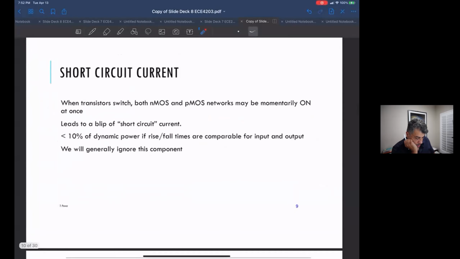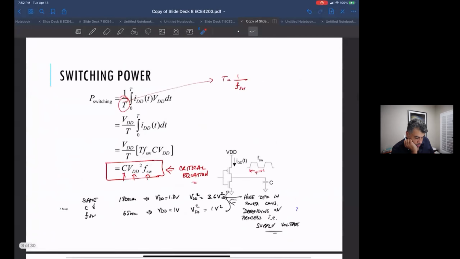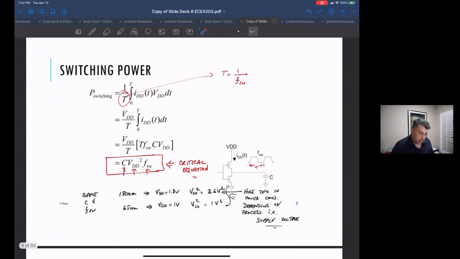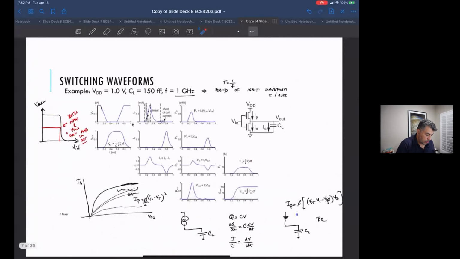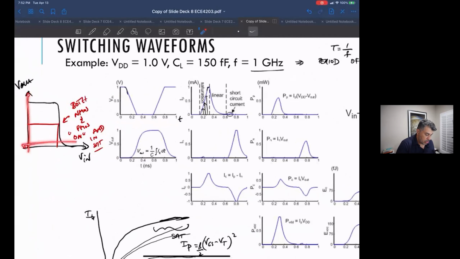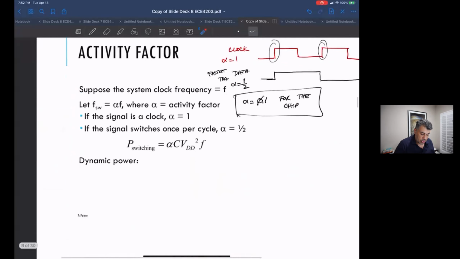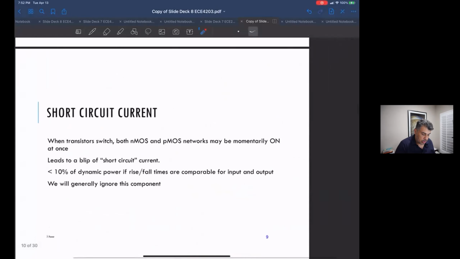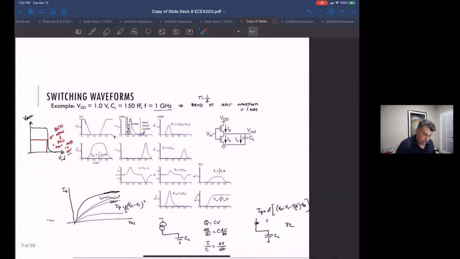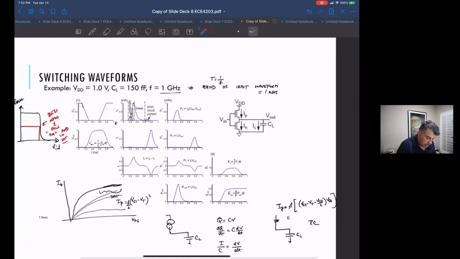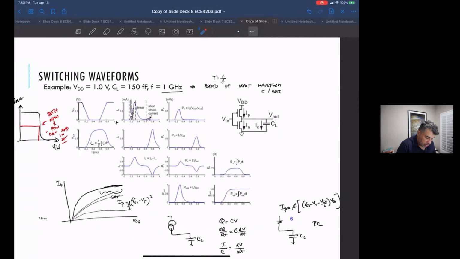Okay, I think somebody a while back also mentioned this. I forgot who it was. When we're looking at this transfer curve for the inverter, at some point both the NMOS and the PMOS are on, and you get a short circuit current when both N and P are on. In fact, we see these little blips here, which are the short circuit current while they're both on. You get this transient current that goes from the supply to the ground.